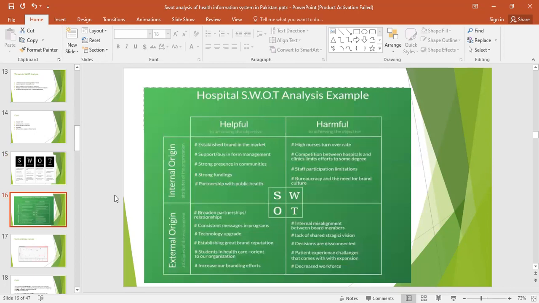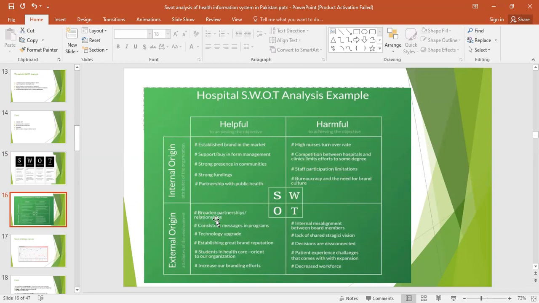Hospital SWOT analysis example. Strengths: established brand in the market, support by the management, strong presence in communities, strong funding, partnership with public health. Weaknesses: high nurse turnover rate, competition between hospital clinics limits efforts to some degree, staff participation limitation, bureaucracy, and the need for brand culture.